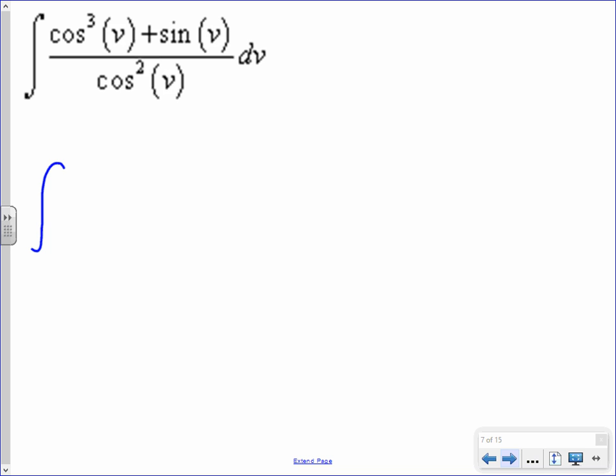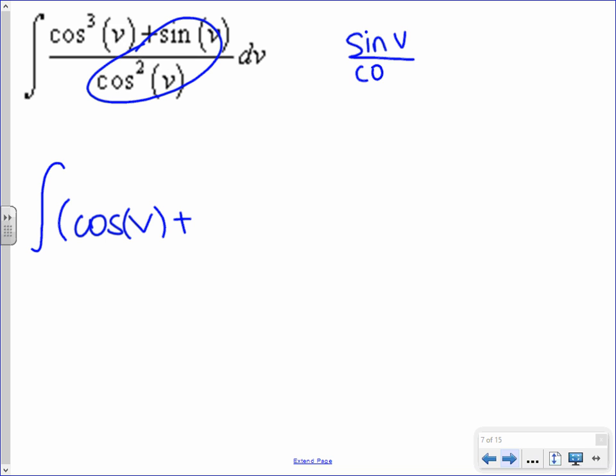What is cosine cubed over cosine squared? Just cosine. And then sine over cosine squared. Separate sine over cosine, tangent, and then we'll have a 1 over cosine, and that's secant. If we're considering sine over cosine squared, we have sine over cosine, and then we have a cosine left over.